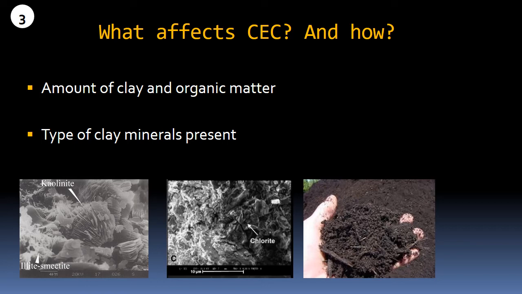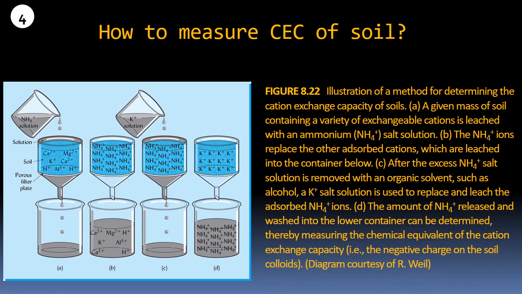So if you have a huge percentage of vermiculite in your soil, it will end up increasing the amount of negative charges in your soil, and therefore the CEC. Same if you compare it to a soil with a lot of kaolinite, that would decrease the amount of CEC that exists.